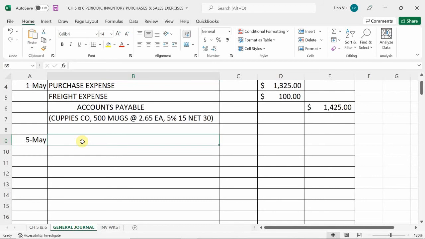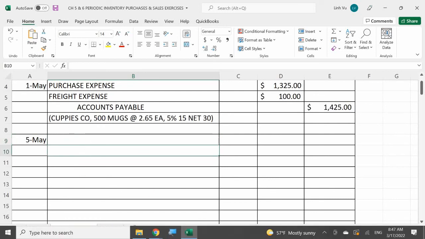Returns and allowance, but what kind of returns and allowance? Not refund. Did we purchase or did we sell? We purchased. So in this case, purchase returns and allowance.